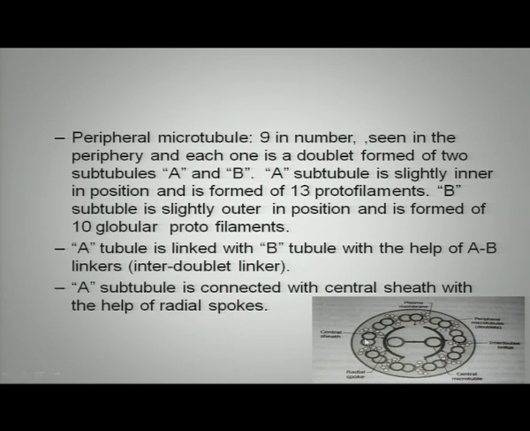So, in this way each microtubule is a doublet. In each doublet, the A tubule is linked with the B tubule with the help of linkers, or bridges, known as AB linkers or interdoublet linkers. The A subtubule is connected with the central sheath with the help of radial spokes.